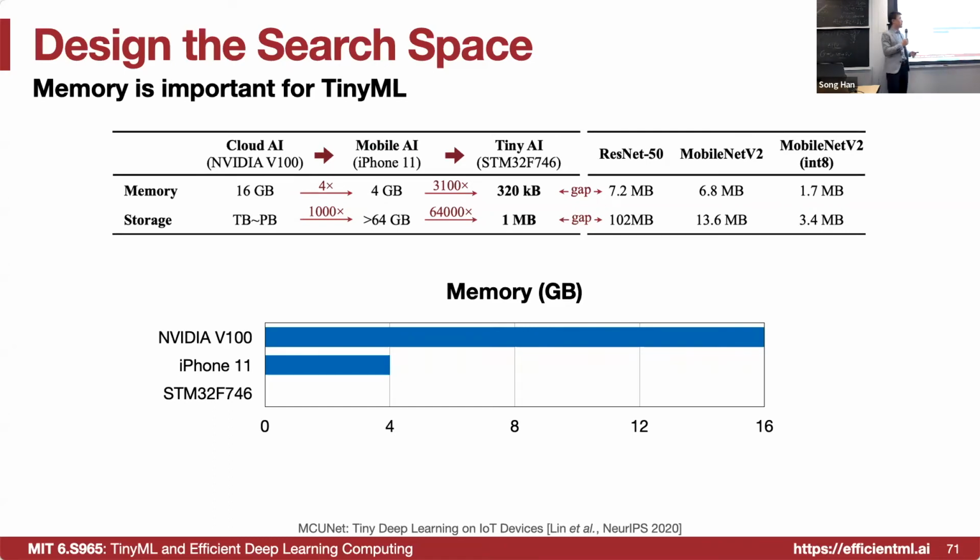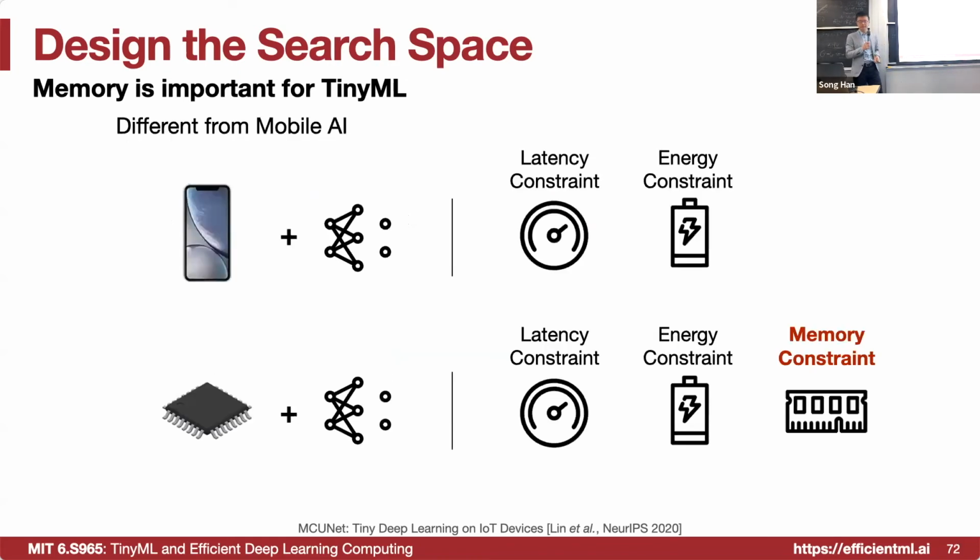So there's a big gap between what we want, a few megabytes, versus what we have, a few hundred kilobytes. Given such a completely new design space, it's even more crucial to find a good design space. For tiny microcontrollers, we care not only about latency and energy, but also memory.